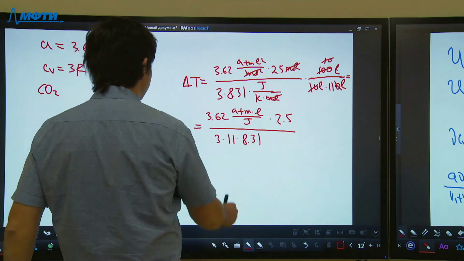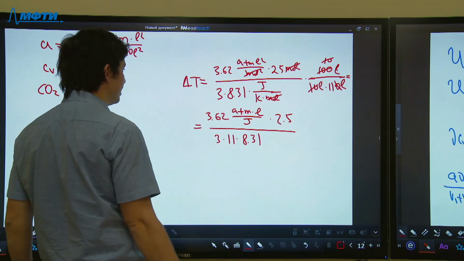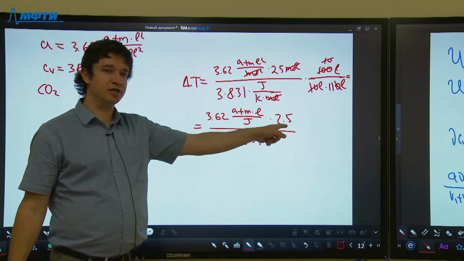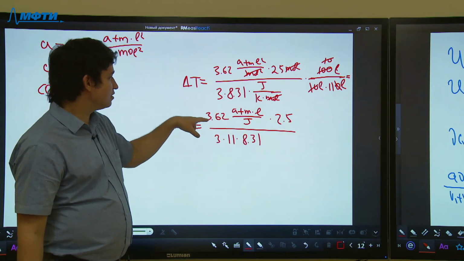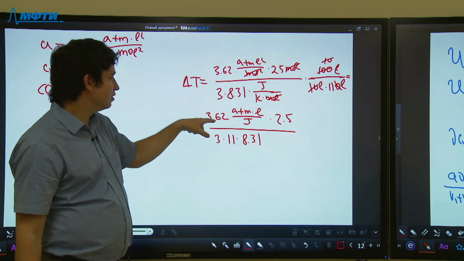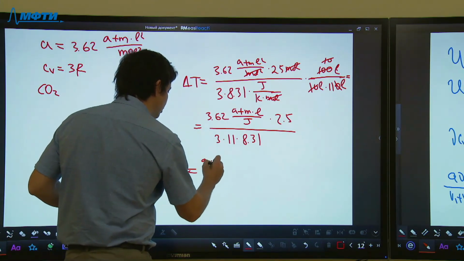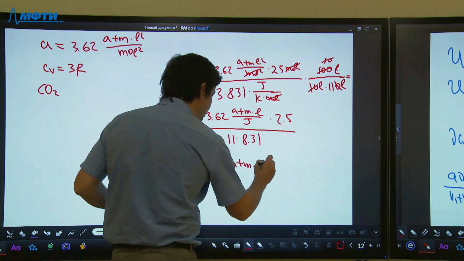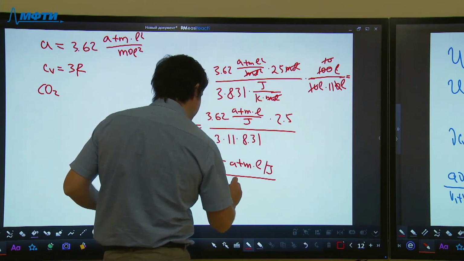Well, I think that 3.62 times 2.5 is approximately equal to 9. The reason is the following, that 2.5 is 1/4 of 10. So I need to divide this by 4. So if I divide 36 by 4, that would give me 9.05. So that would give me 9.05 atmospheres times liter over joule. And here goes 3 times 11 times 8.31.